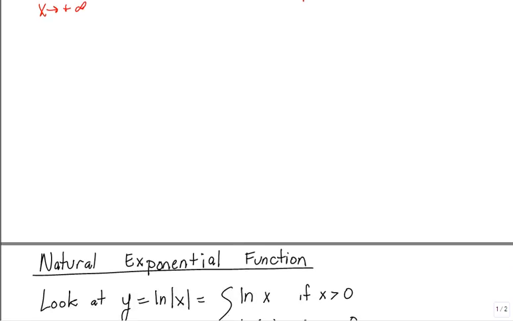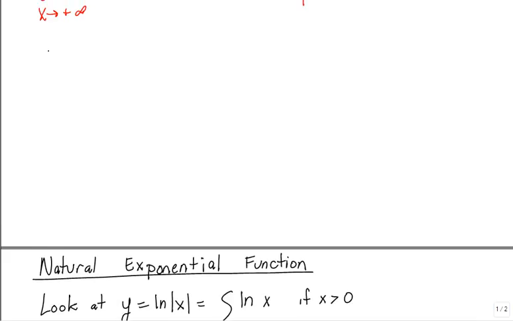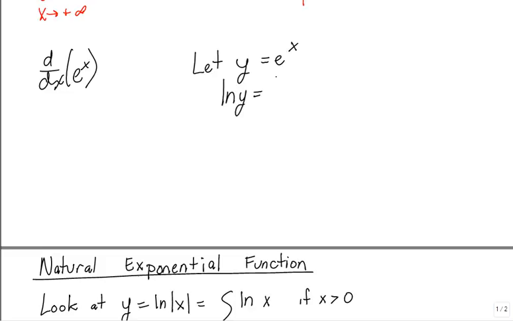And as x goes to positive infinity, this is going to positive infinity. Now, let's look at the derivative of e to the x. So we're going to let y equal e to the x. We take the ln on both sides. I'm going to use logarithmic differentiation. And ln and e are inverses, so they undo each other, and we just get x.